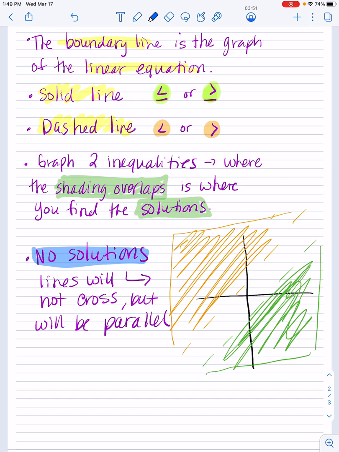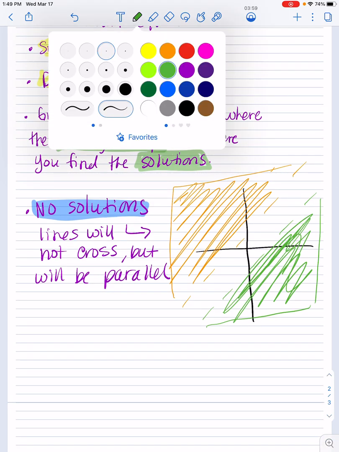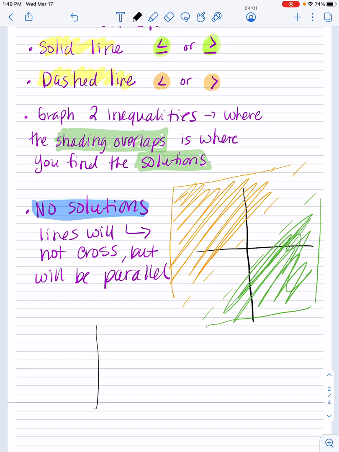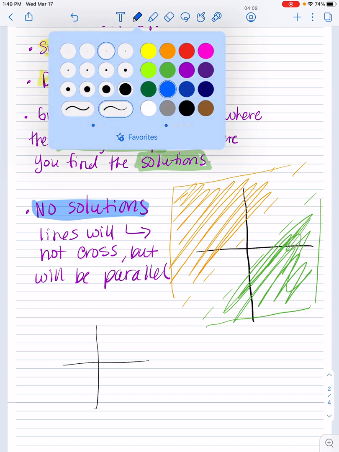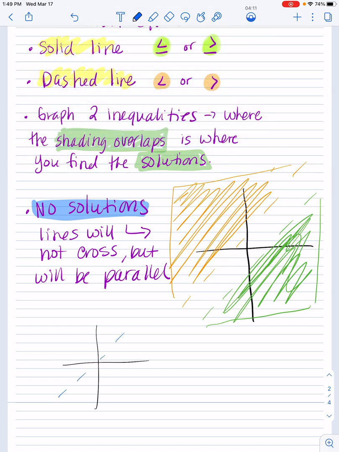They're not crossing anywhere. But I'll give you another example. You could have a graph that looks like this. I'll do blue here.